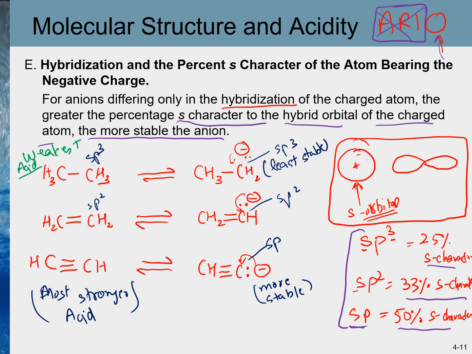And this result is evident from the pKa value. Alkane pKa value is approximately 51, and alkyne pKa value is approximately 25. That's a huge difference. I'm not sure if you can comprehend the difference.